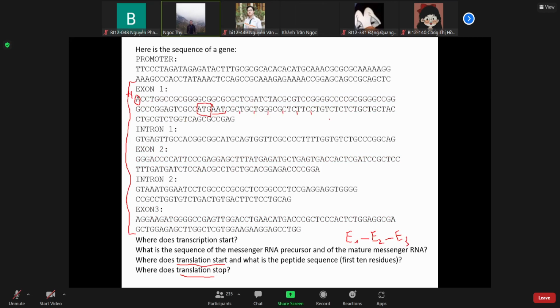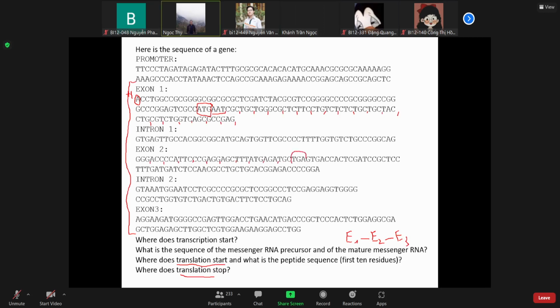So this question is tricky. You have to follow this ATG, 3 nucleotides, 3 nucleotides, until you reach the stop codon. Remember that if you have a stop codon here, here, there is a stop codon that ends at this index.